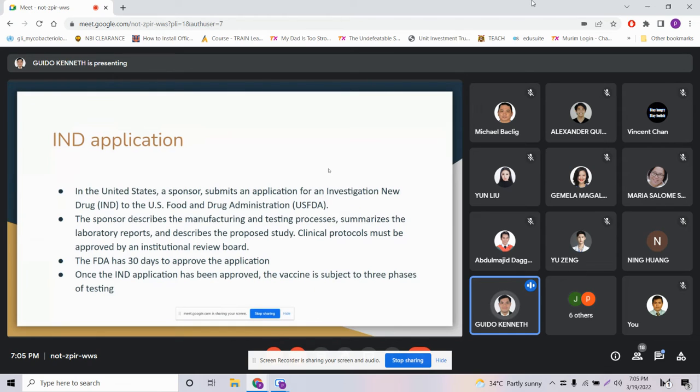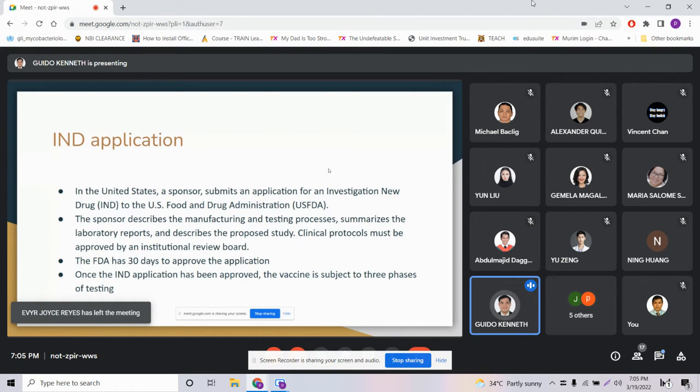So once the safety and immunogenicity of the candidate vaccine have been determined, the candidate vaccine will be subjected to the clinical phase. However, prior to that, sponsors, particularly those located in the United States, are required to submit an application for an investigational new drug to the US FDA. Sponsors are the private companies who manufacture vaccines.